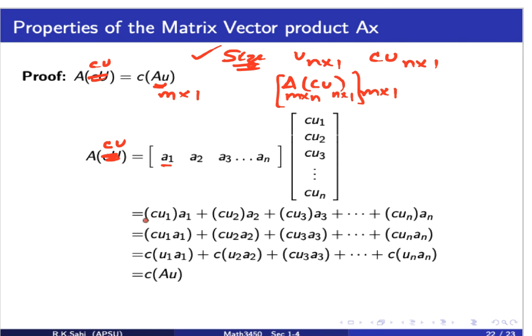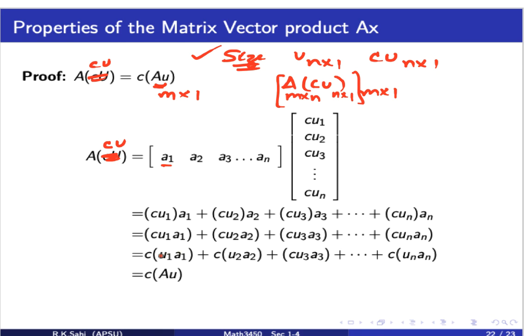And this is just parentheses. I can just take the A1 inside. And that's how the next expression is CU1 A1, the whole in brackets, up to CUn An. Now notice I can take the C out again. It's just simple algebra. So C times (U1 A1 plus ... plus Un An).